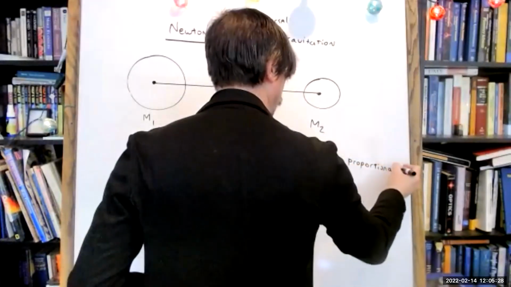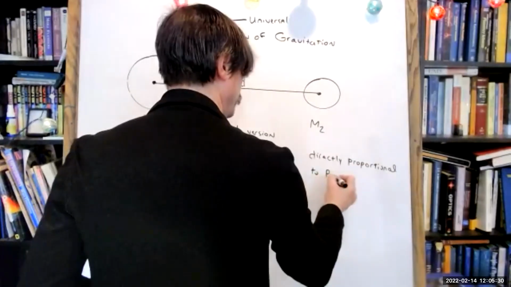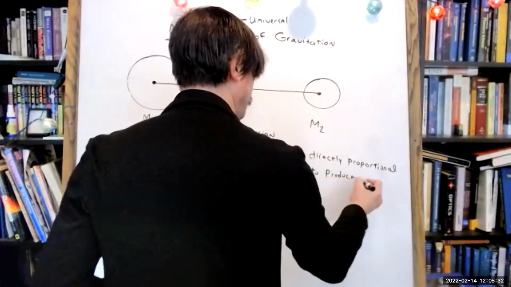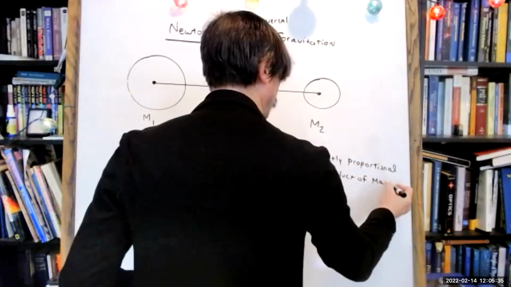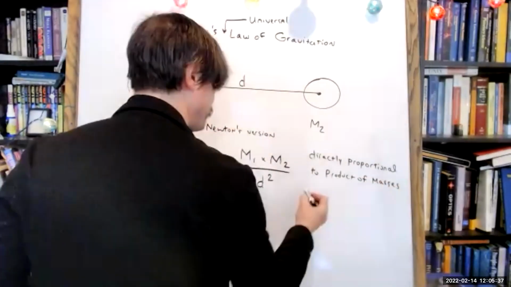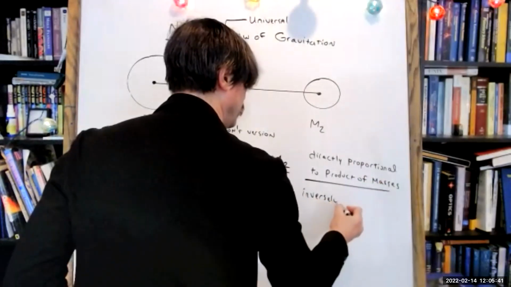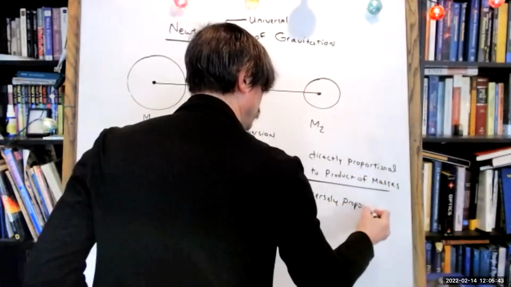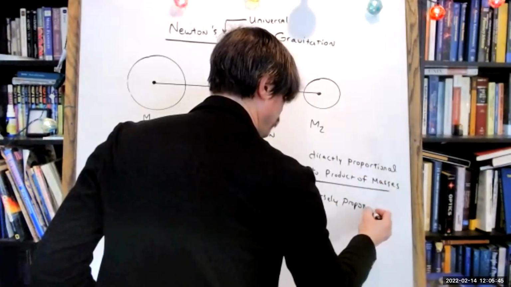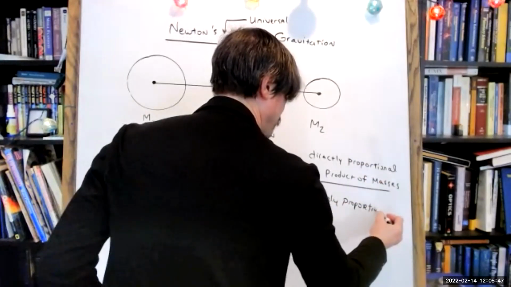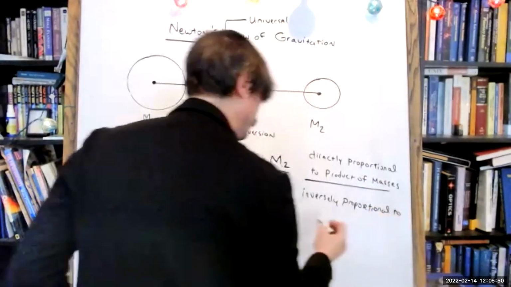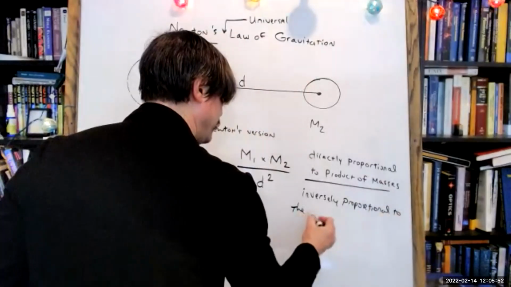Directly proportional to the product of the masses and inversely proportional to the square of the distance.